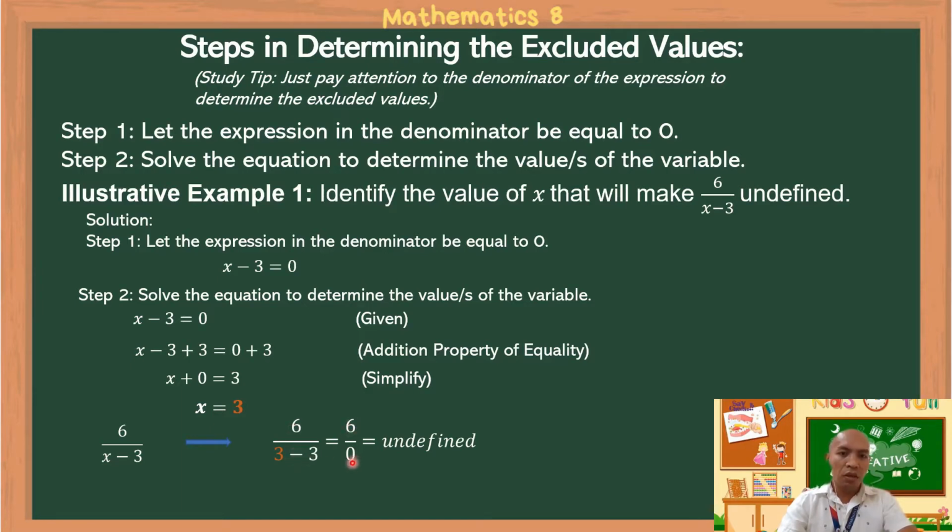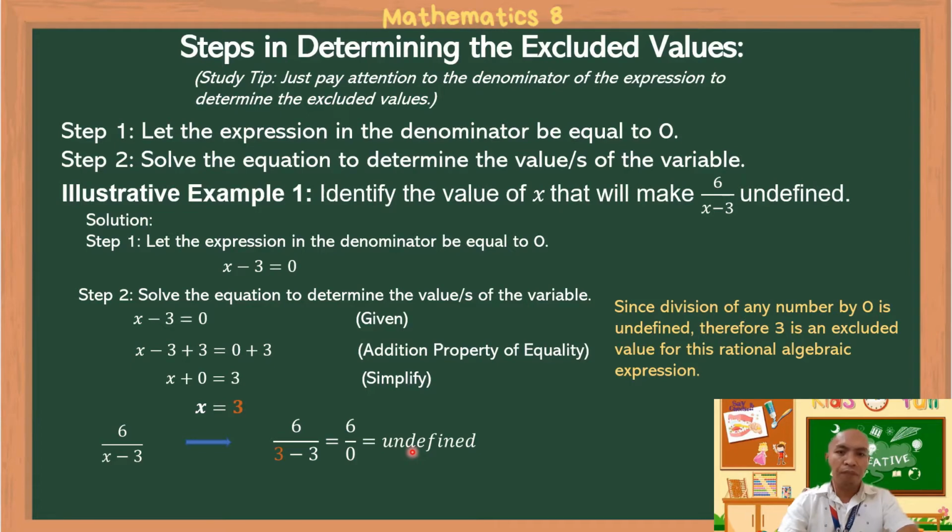We just copy the numerator. 3 minus 3 is equal to 0. And take note, once again, that dividing by 0 is meaningless, or we call it undefined. Since division of any number by 0 is undefined, therefore, 3 is the excluded value of the rational algebraic expression 6 all over x minus 3.